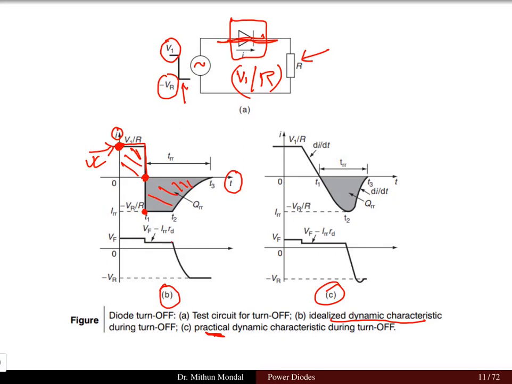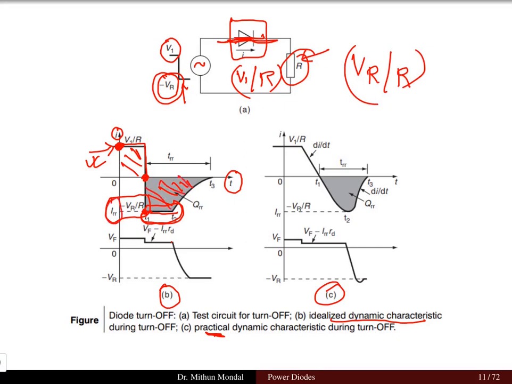For example, in the time zone T1 to T2, which is practically constant here, the reverse current starts flowing. The reverse voltage is VR and the resistor is R. The diode is practically off, so you have VR by R as the current flowing, and this is the maximum current.